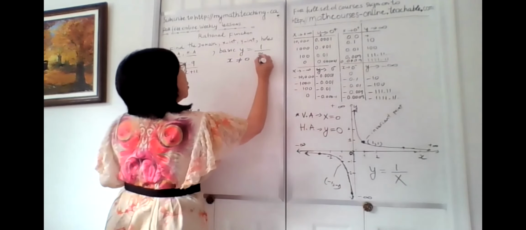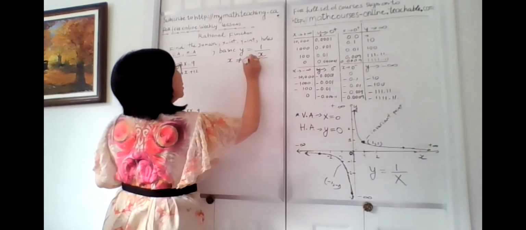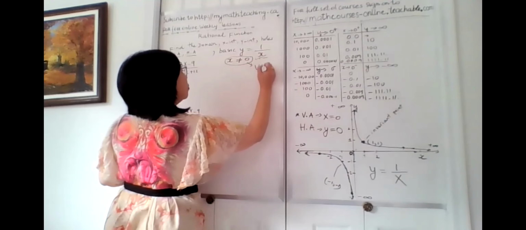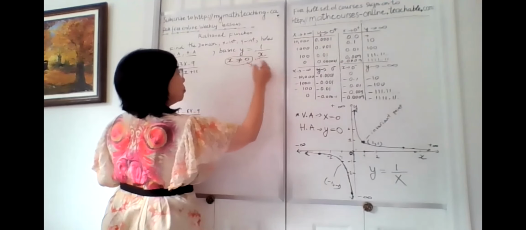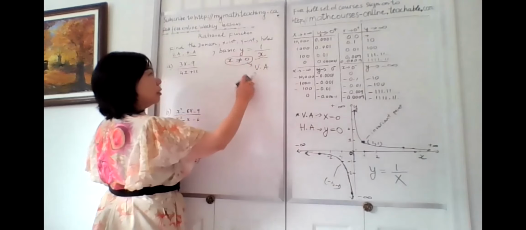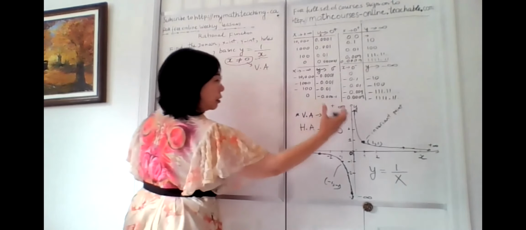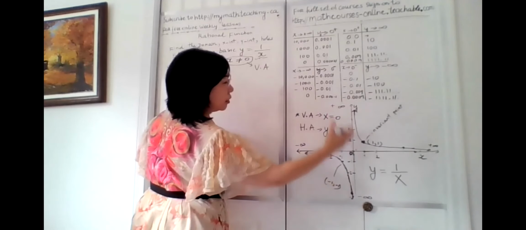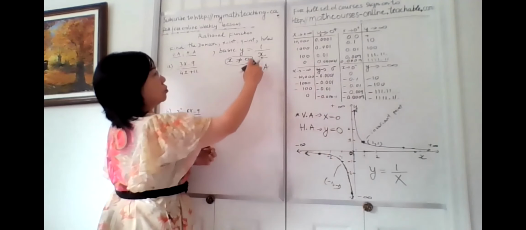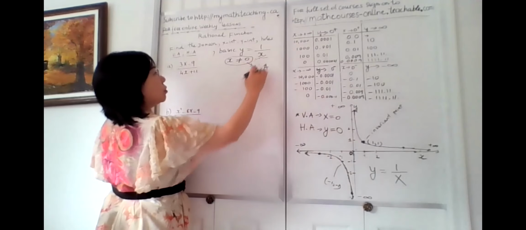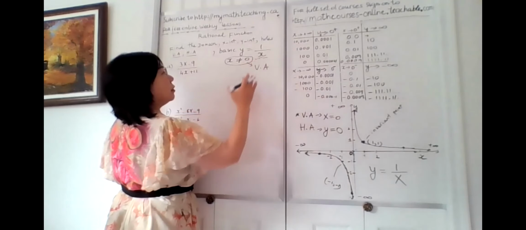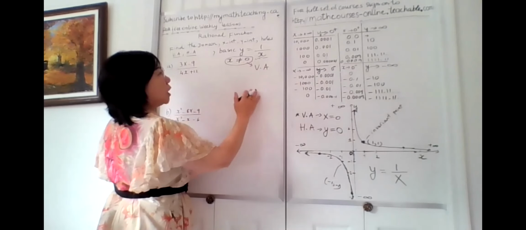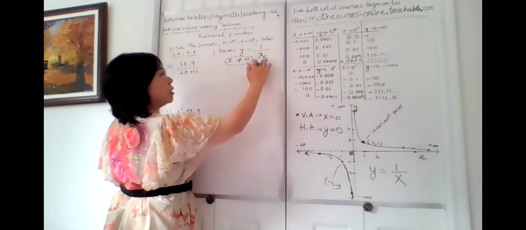So you can see that the restriction x equals 0 here, we can also say is our vertical asymptote, because we do not allow the function to touch or cross this vertical asymptote. In other words, to define the vertical asymptote, we have to solve for the x down here.